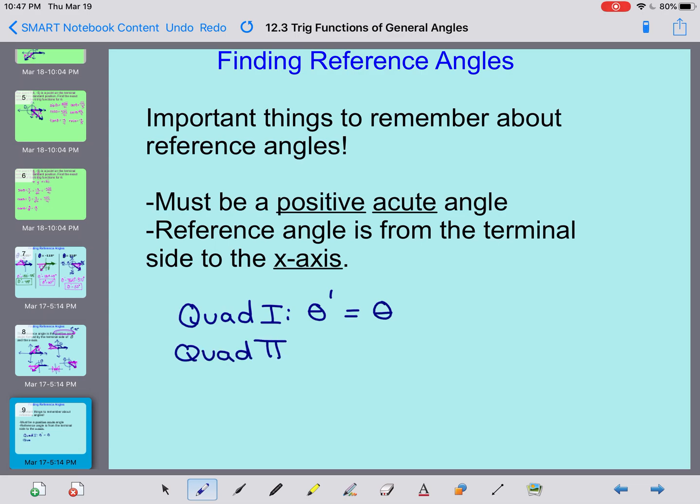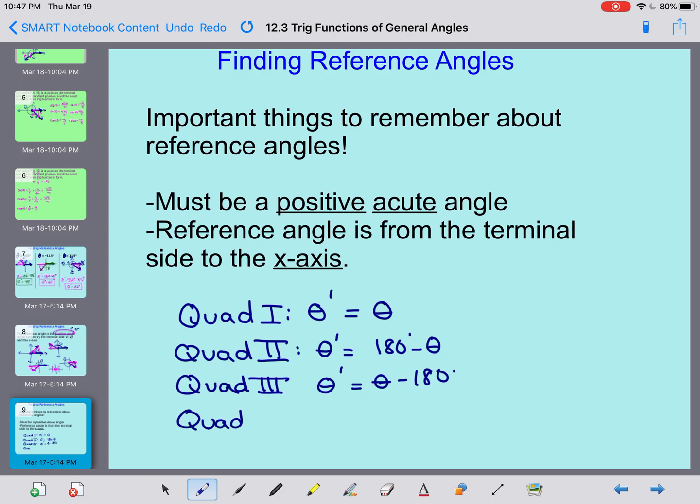If you're in quadrant 2, your theta prime is 180 minus theta. If you're in quadrant 3, your theta prime is theta minus 180. And if you're in quadrant 4, your theta prime, your reference angle, is found by doing 360 minus theta.